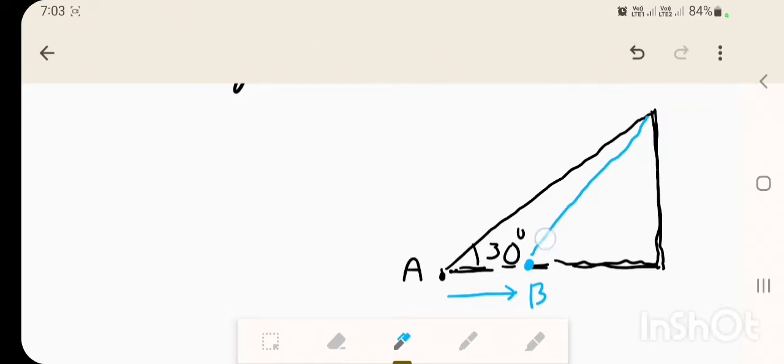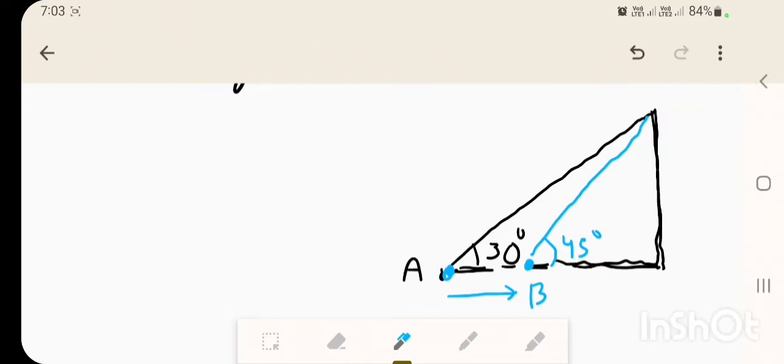Now the angle of elevation is obviously going to be more, because earlier when we were at point A, the angle of elevation was 30 degrees. Now when we move towards the palm tree, we have to raise our head further to look at the top of the palm tree.